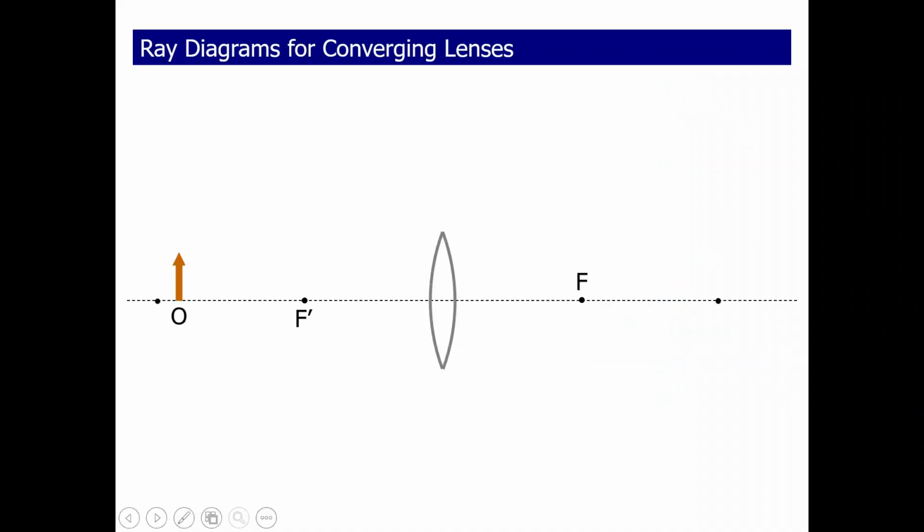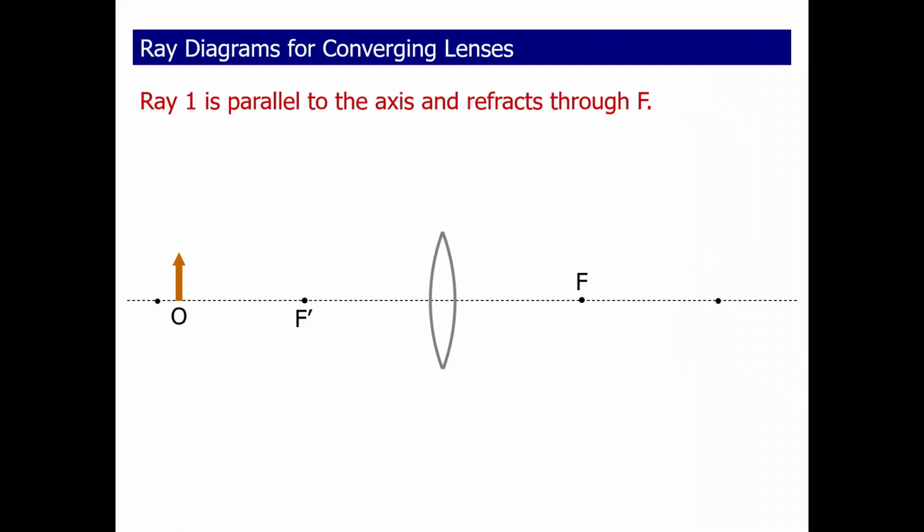So we're going to assume that it meets here at that central axis and then bends only once. When we draw our ray diagrams, we're going to do similar rays to what we had before. Ray 1 is the one that comes parallel and goes through the focal point. Now it's going through our focal point that is on the far side, the outgoing side of the light. We don't worry about that on the opposite side.